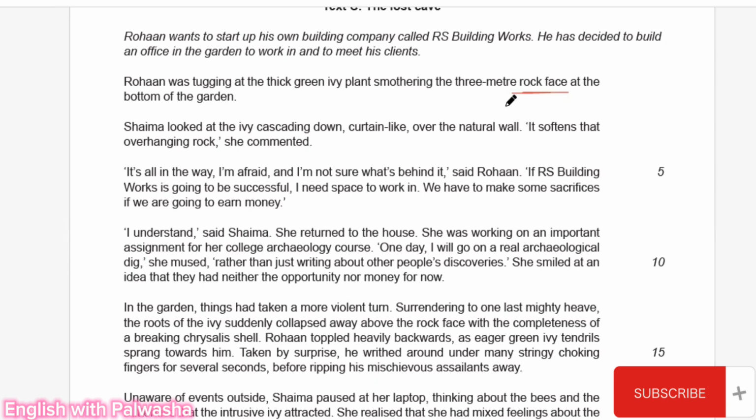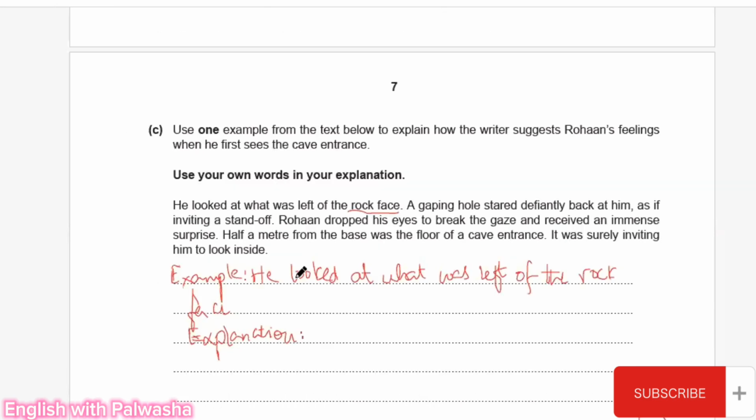He was fidgeting with something at that time. So with rock faces, he was actually hitting something, you can say a piece of rock placed over there. So this is what we will be explaining about Rohan here, that he looked at what was left of the rock face.